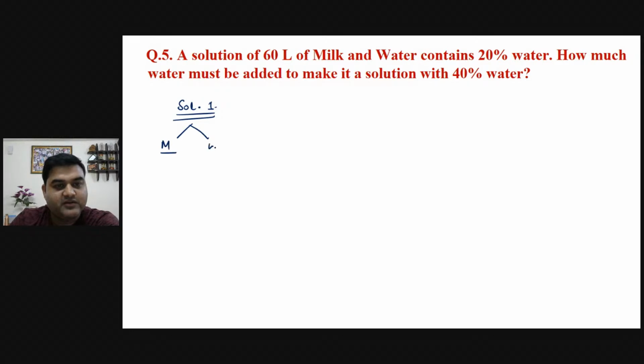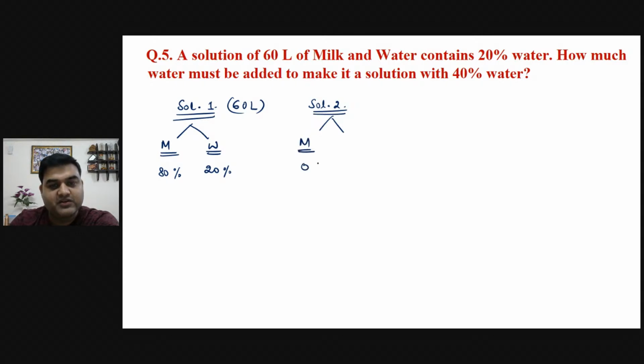Milk and water, right? Solution 1 is 60 liters in total. It contains 20% of water, so milk will be 80%. Understood. Now how much water must be added? Solution 2, try to understand, is going to be water.